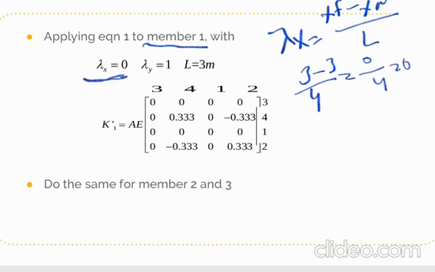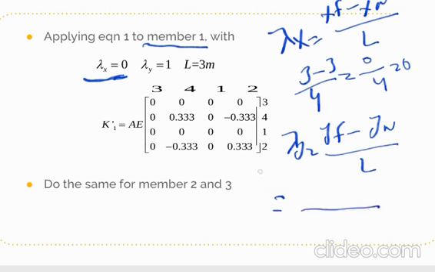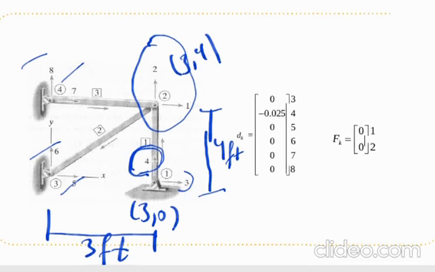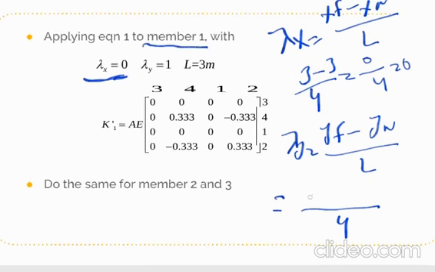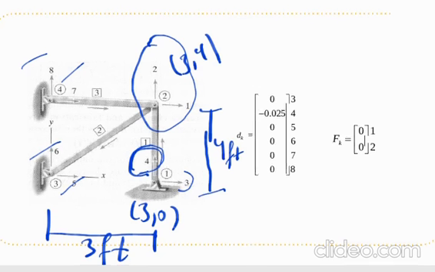So this is the lambda x. Lambda y equals yf minus yn over L. L is 4, and yf is 4 minus yn is 0.